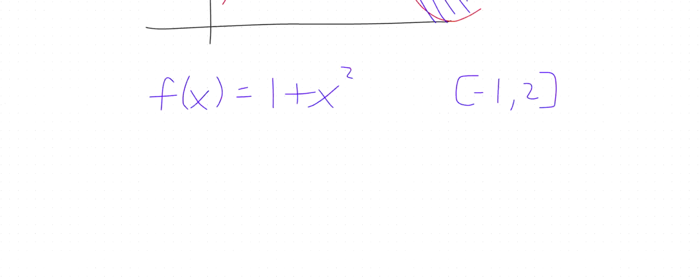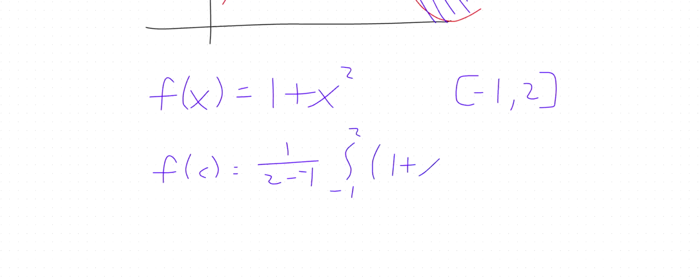So average value, so our f of c is going to equal 1 over 2 minus a -1, integral from -1 up to 2 of 1 plus x squared dx. We found out that our answer was a very nice 2. All right, so f of c equals 2.